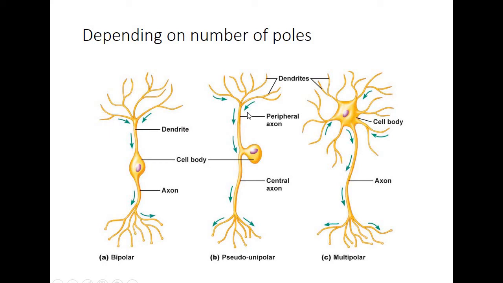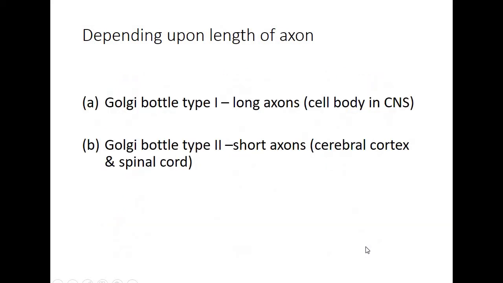One process is called the peripheral axon, and the dendrites; these are usually the sensory neurons. They receive the signal sent to the body, and the body integrates the signal and sends an impulse back to the CNS. And the multipolar has a cell body. This is a prototype that we are going to discuss in our further lectures. The cell body with various poles is called multipolar, with smaller processes, the dendrites, the axon and the axon terminal.